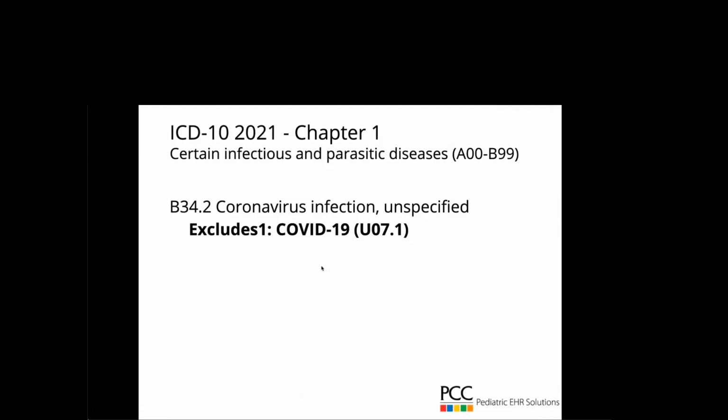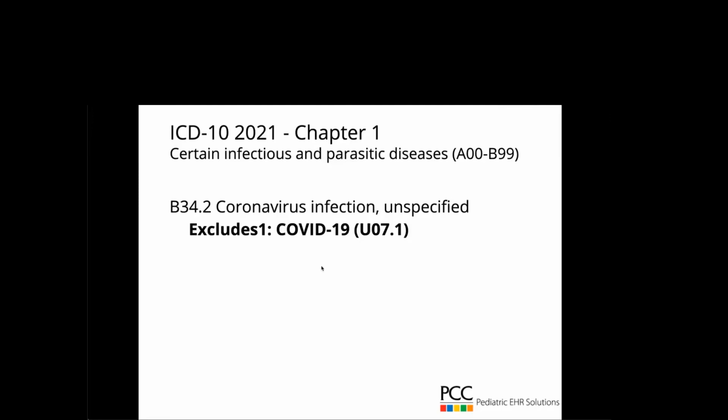So we offered advice and guidance earlier this year to say, when it has for sure been identified as COVID-19, use the U07.1, do not use the B34.2. When you say unspecified, you're indicating that you don't know what virus. You know it is a coronavirus, but you don't know which coronavirus, and that is not the case when they've had a positive COVID test.